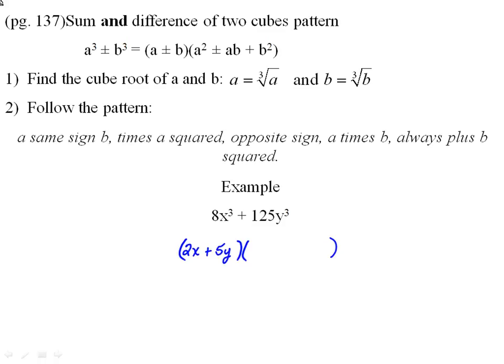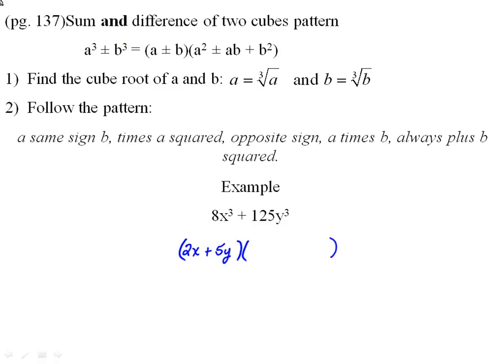Times is your parentheses. A squared. What is 2x squared? 2x times 2x. 4x squared. That goes here. 4x squared. Opposite sign. What is the opposite sign? Positive. Negative, so you have a minus sign.